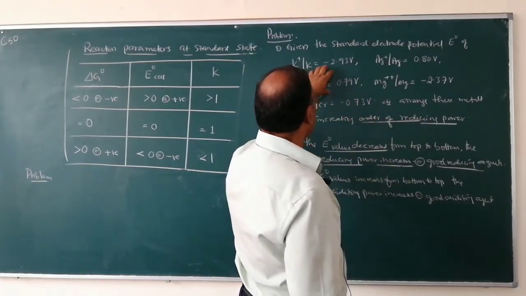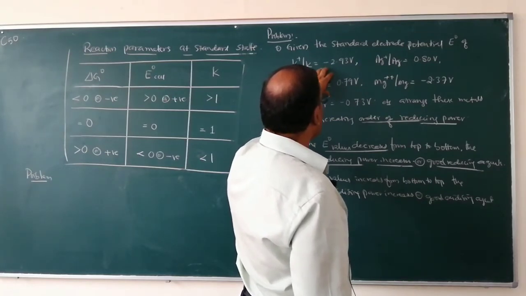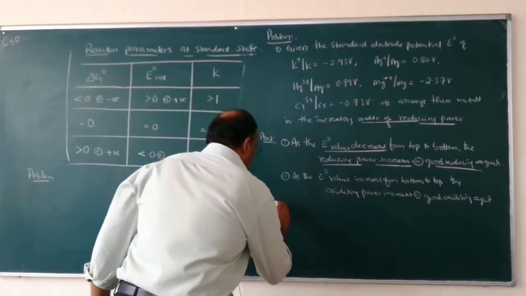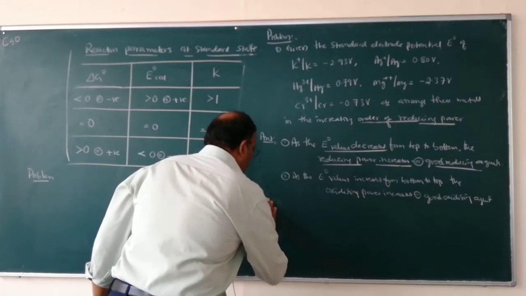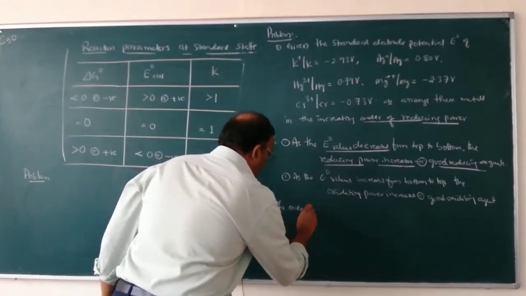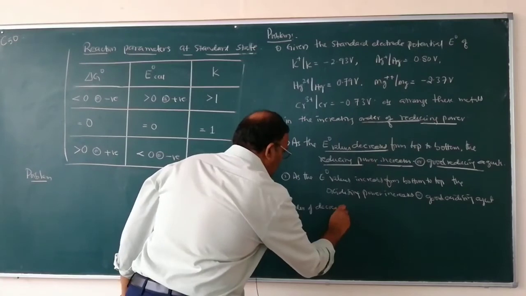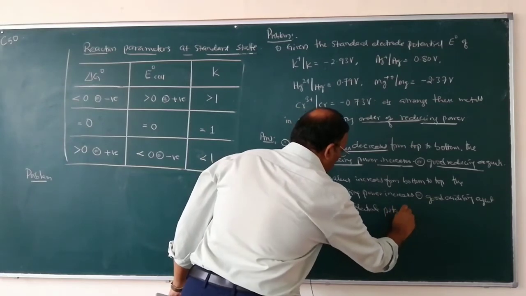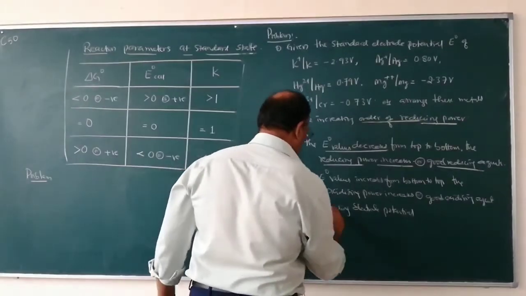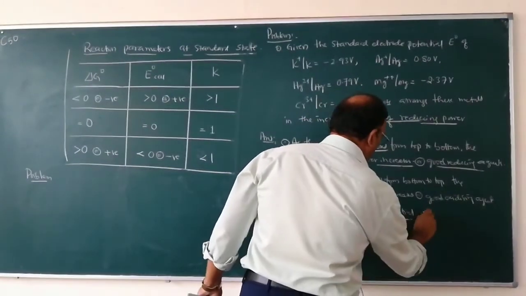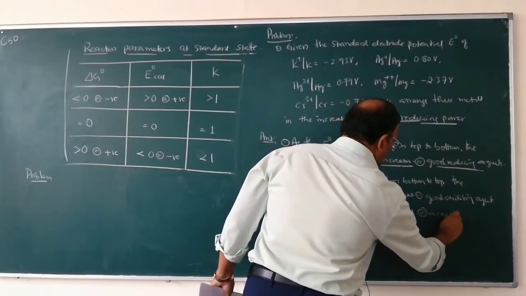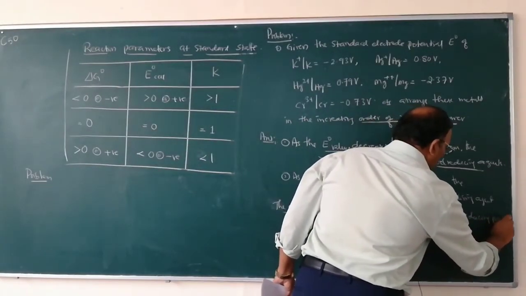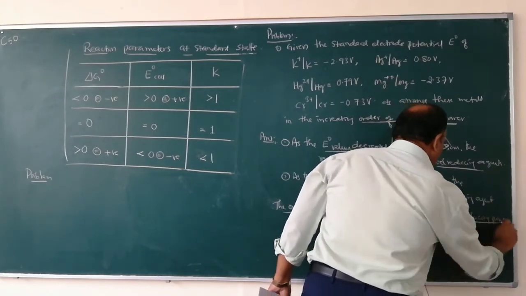Therefore, we have to arrange these electrodes in the decreasing order of their electrode potential, or increasing reducing power.